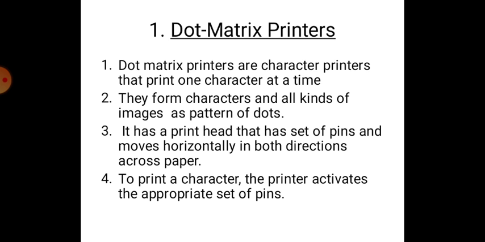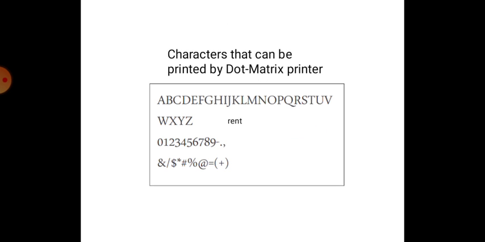All these things you will see when you come to the lab. Right now we are just going with the theoretical aspect. I'll be sending a PDF of this. These are characters that can be printed by a dot matrix printer, although they should have been in dotted form.